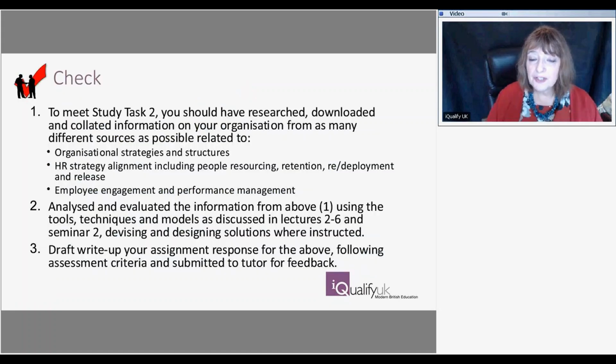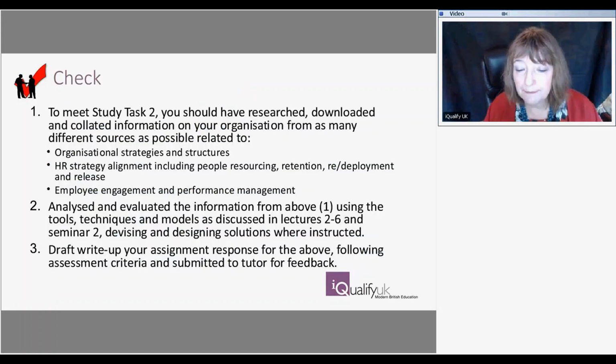So, just to confirm, what you should have done is you should have researched, downloaded, collated information on your organisation from as many different sources as possible. But in this case, they are focused on organisational strategies and structures, HR strategy alignment, including people resourcing, retention, redeployment and release, and employee engagement and performance management.